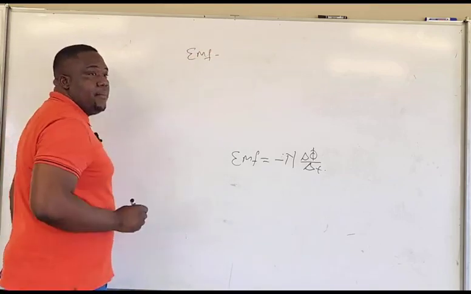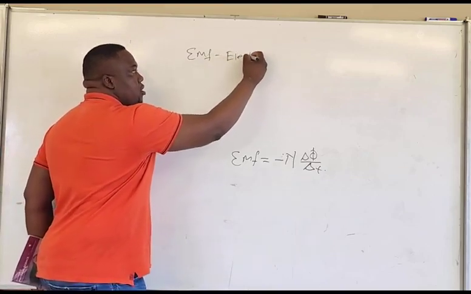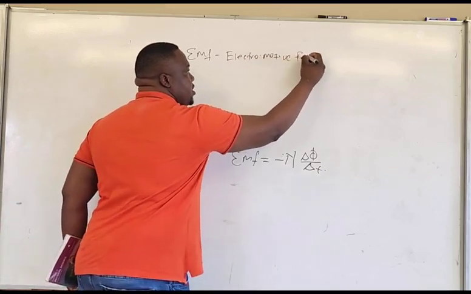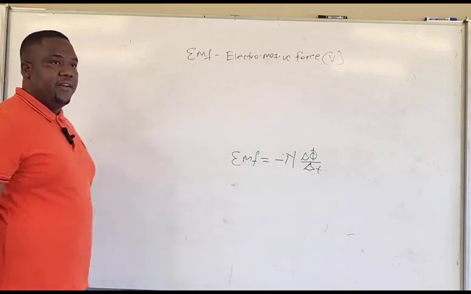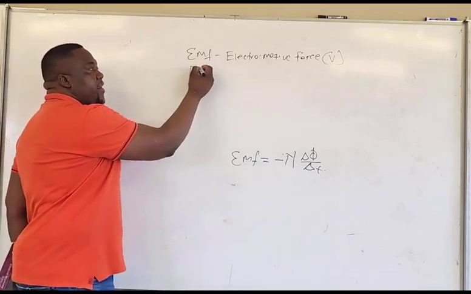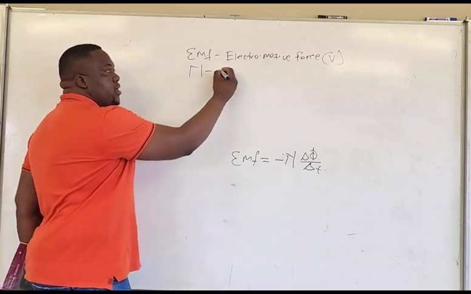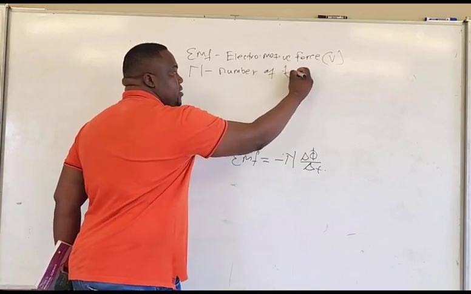EMF stands for electromotive force. This is the potential difference, the voltage. This is the EMF. Then the N here represents the number of turns.